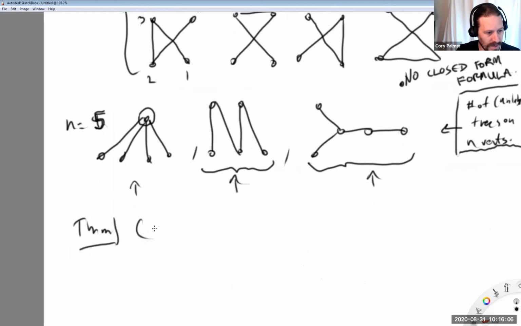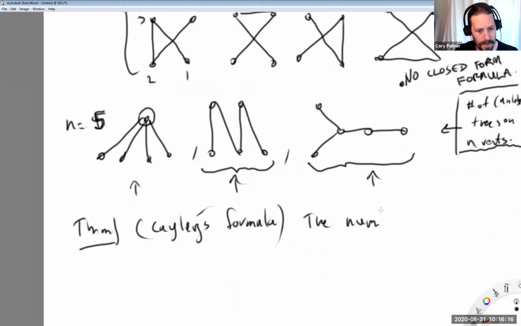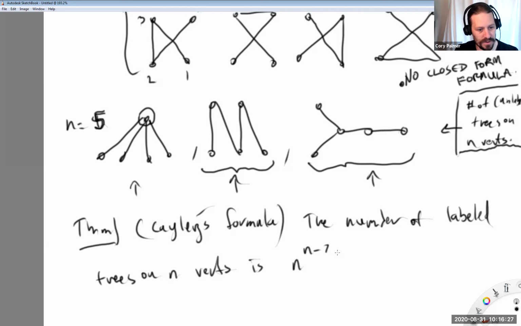And so here's the answer. This is Cayley's formula, or Cayley's theorem, if you like. The number of labeled trees on n vertices is n raised to the n minus 2.